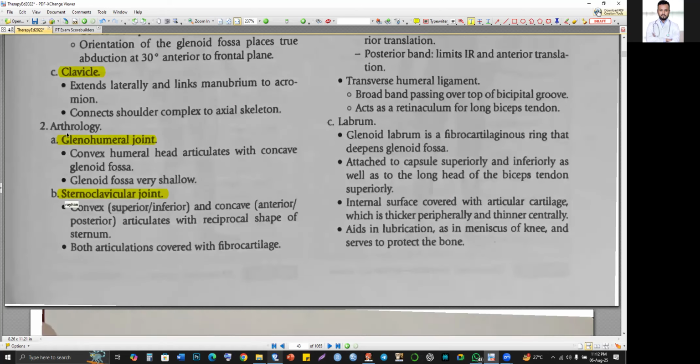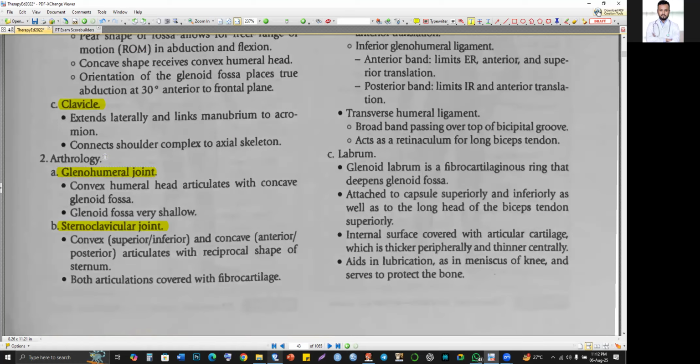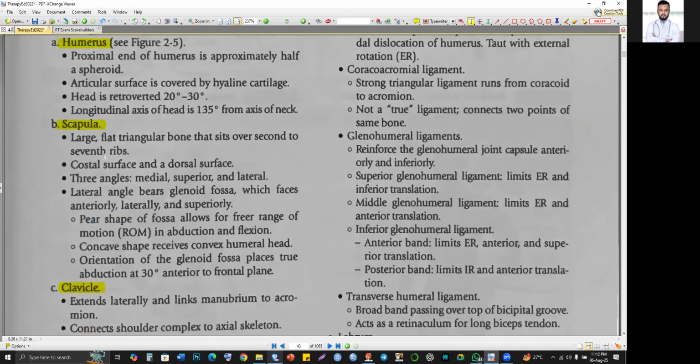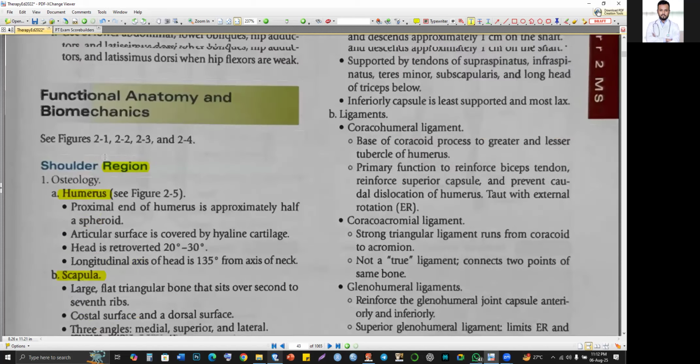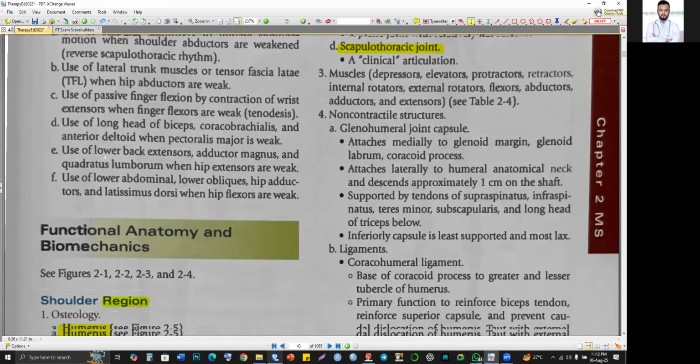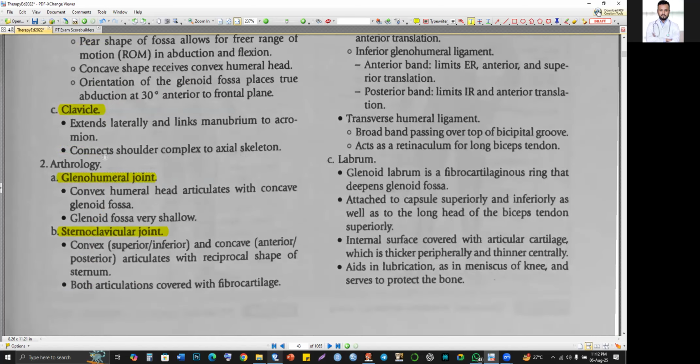Arthrology. We'll go to the arthrology perspective of the shoulder joint, where they mention four terminologies: glenohumeral joint, sternoclavicular joint, acromioclavicular joint, and scapulothoracic joint. The glenohumeral joint is the glenoid cavity, the glenoid fossa of the scapula, and the humerus, which bind to form a joint called the glenohumeral joint.